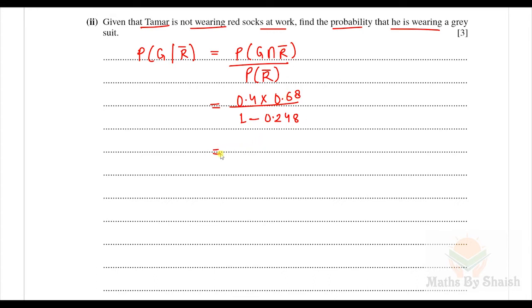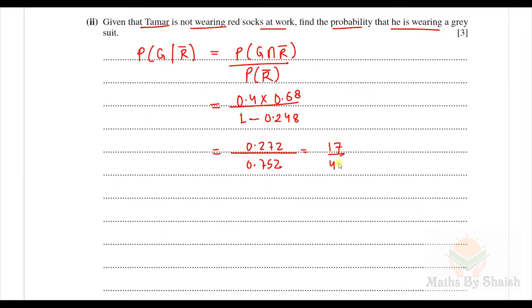So in the denominator we will get 0.752, and in the numerator it is going to be 0.272. We can write it in decimal form or fractional form, it is completely up to us.